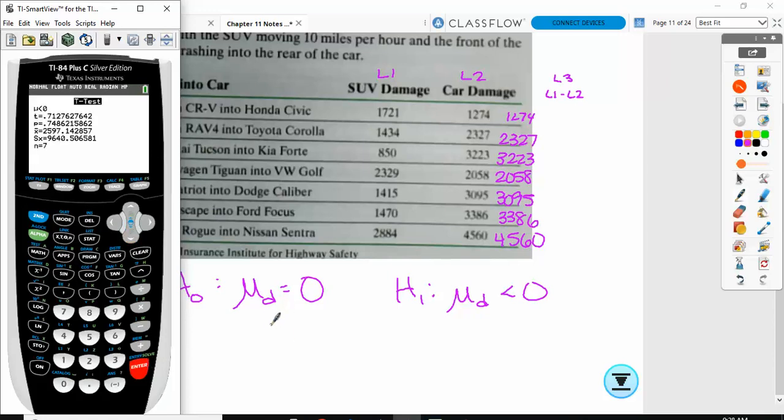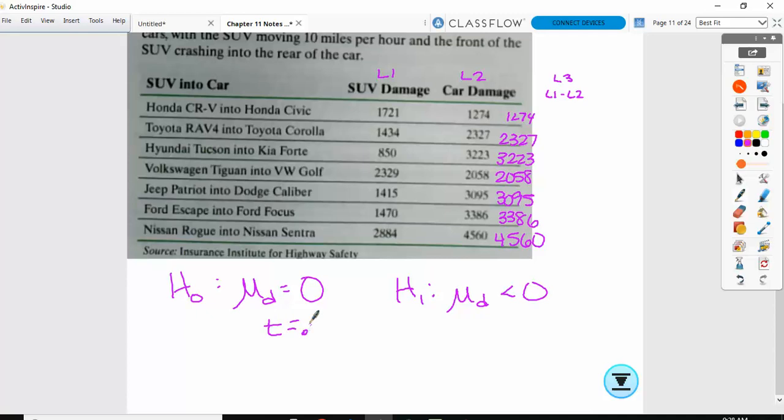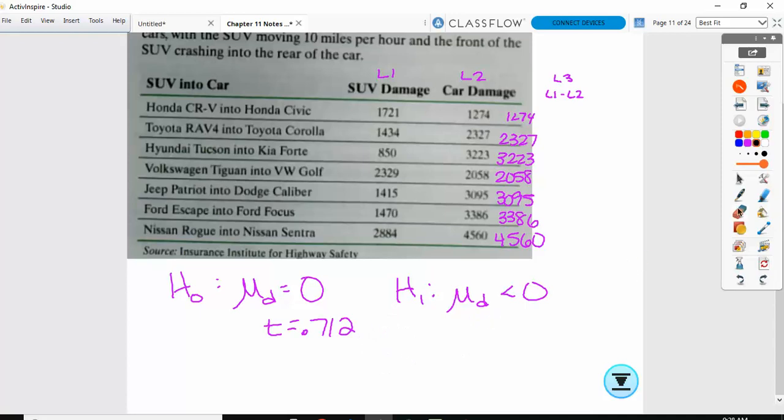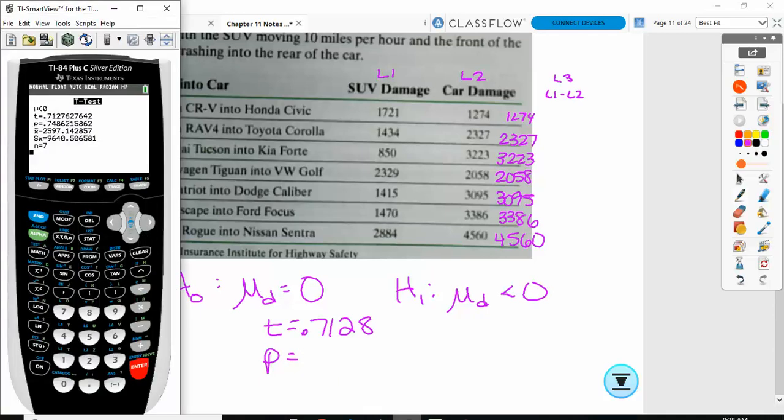Calculate. So our t is 0.7128. The probability of that was 0.7486.